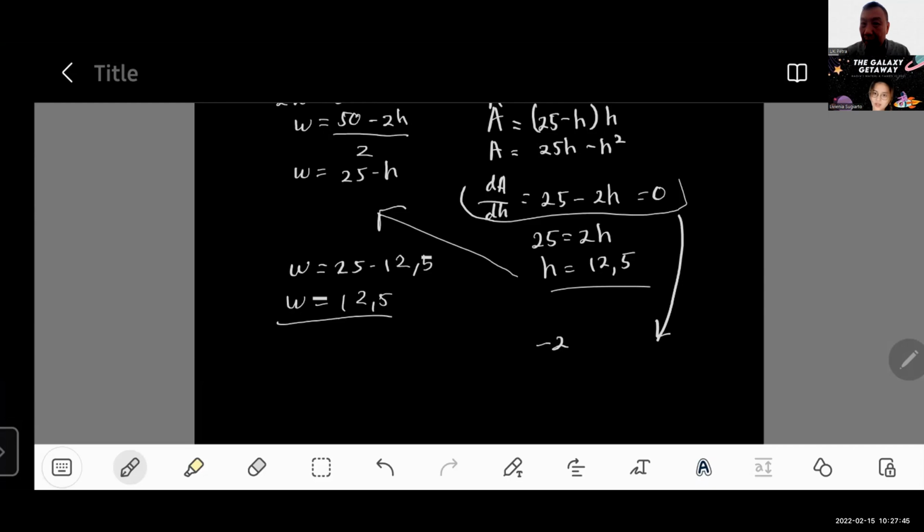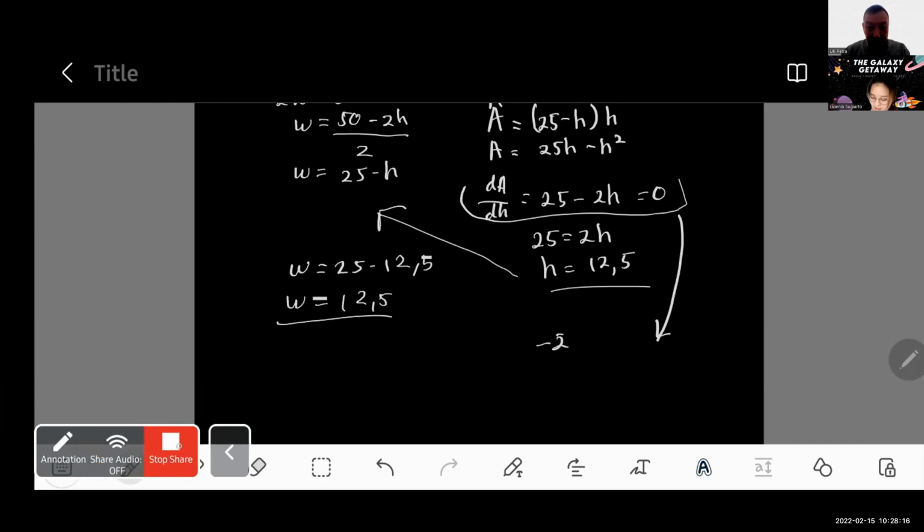If the second derivative is negative, that means you maximize, it's a local maximum. If the second derivative is positive, that means you find the local minimum. Very good. Excellent.